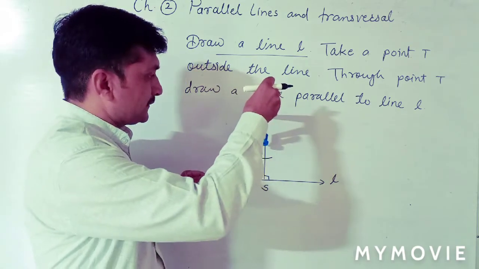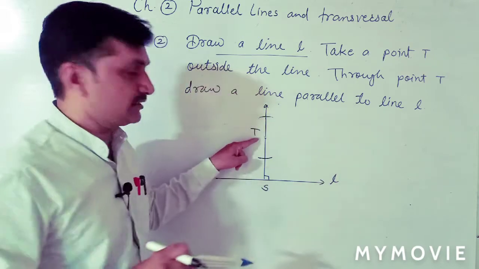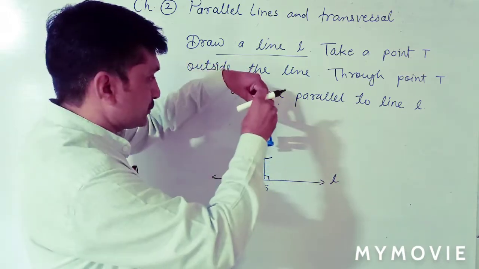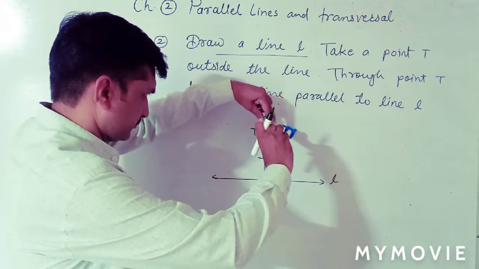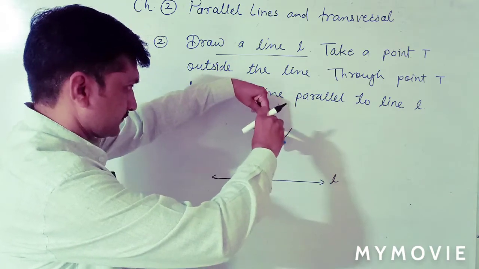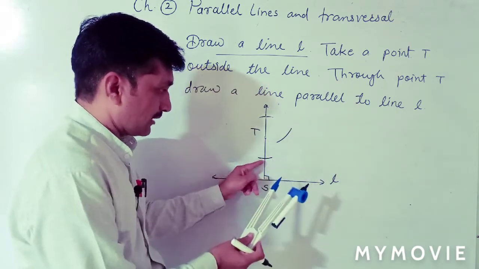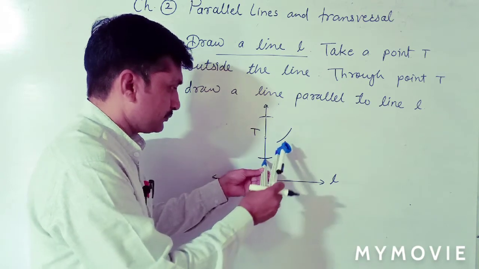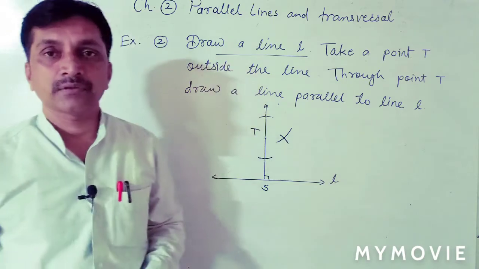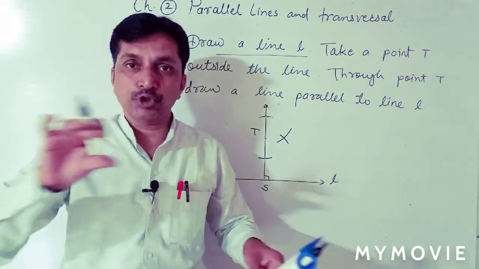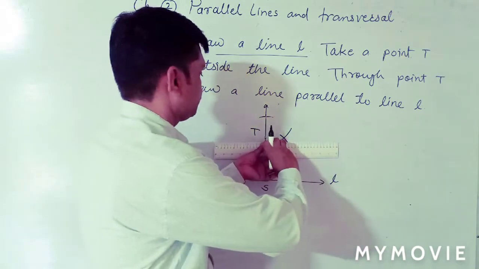Put the iron tip on the upper arc and take more than half the distance till T. Draw here to the right side one arc from this arc. Now change the arc. On this arc put the iron tip and intersect it. And now we can draw a line passing through point T and this intersection point.